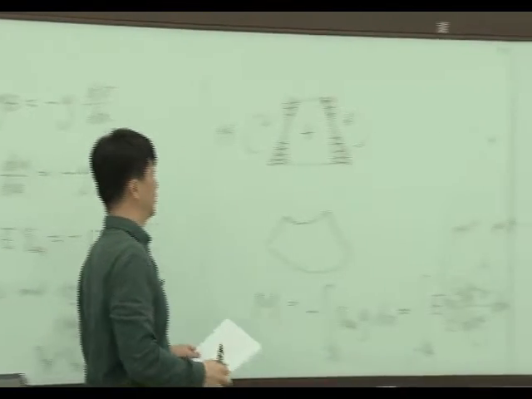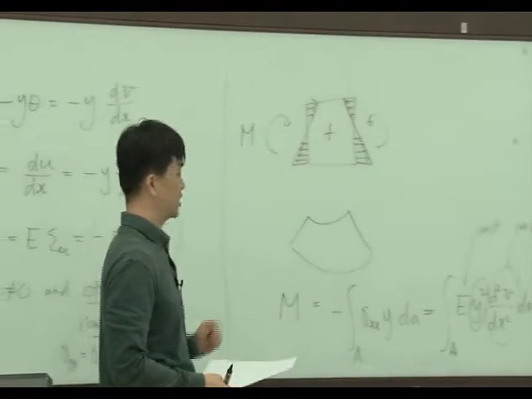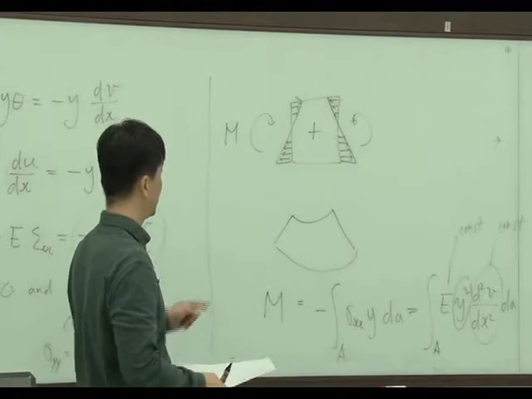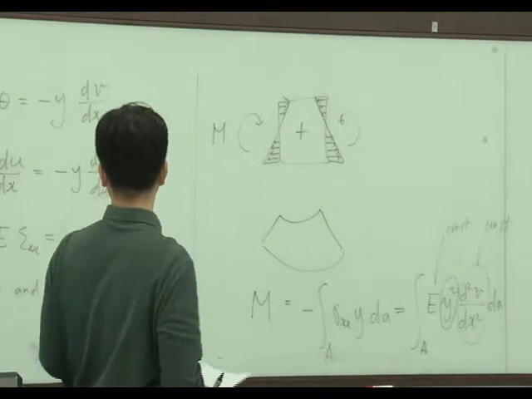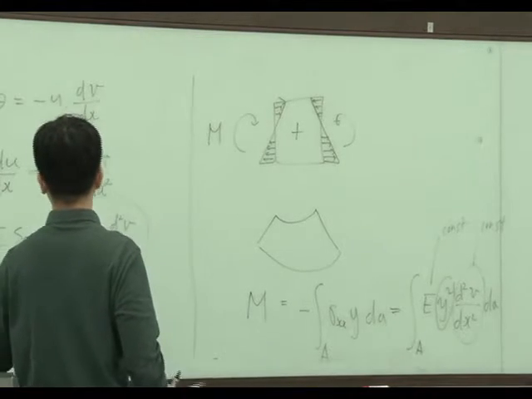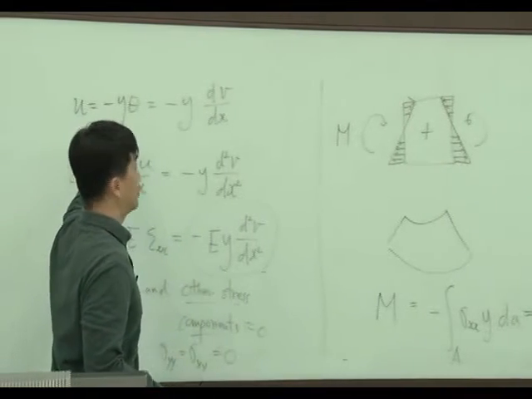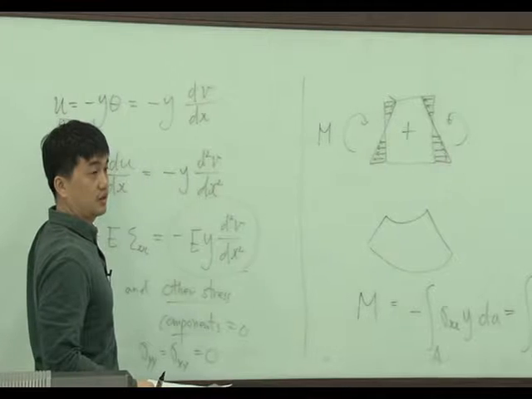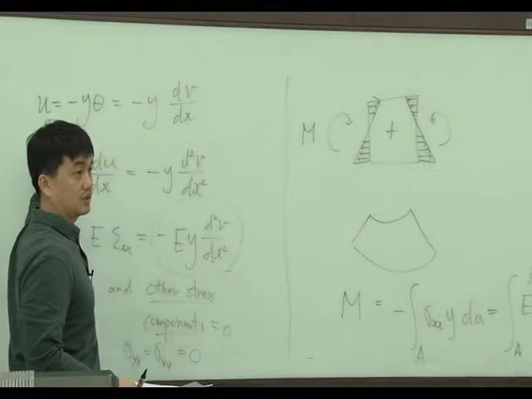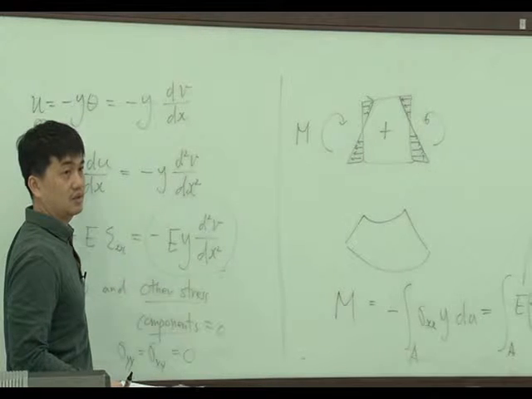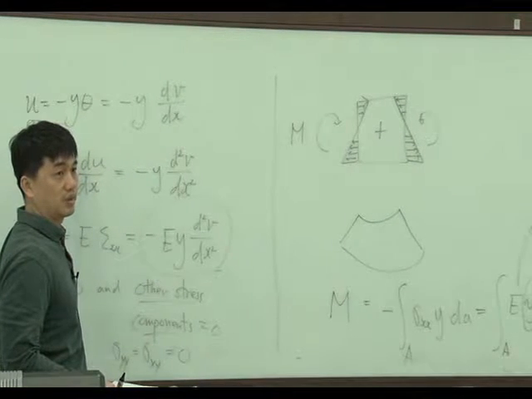So, where does this equation come from? To derive that equation, first we assume a kinematic field, displacement, right? This was the assumption from Euler-Bernoulli.